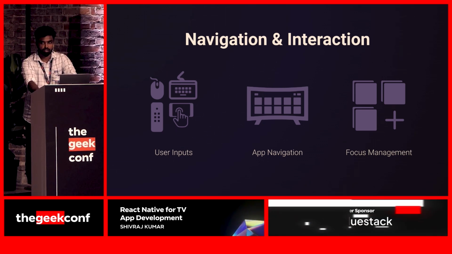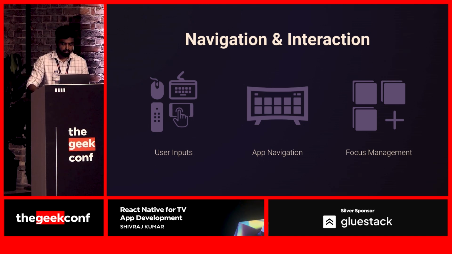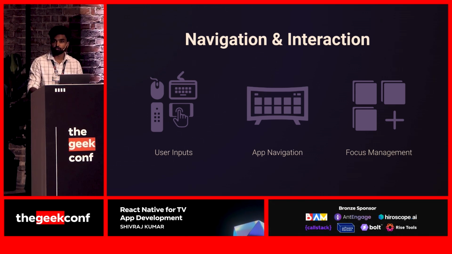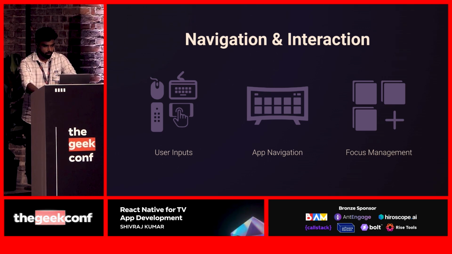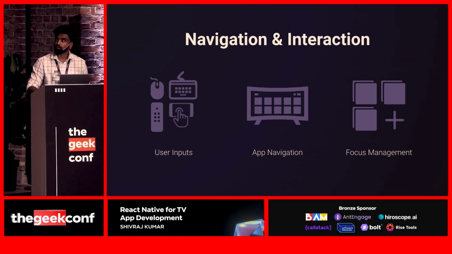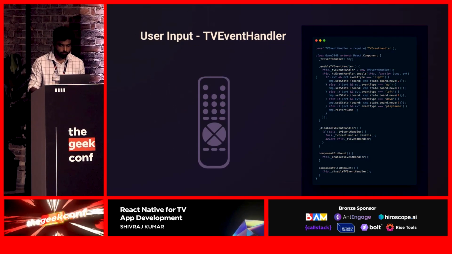We just click left, right, up, down, and navigate through that. And the major function that happens there is focus management, which is very crucial for a good TV experience, and very tricky to handle as well when it comes to TV. Let's deep dive into each of these aspects to see how they work.